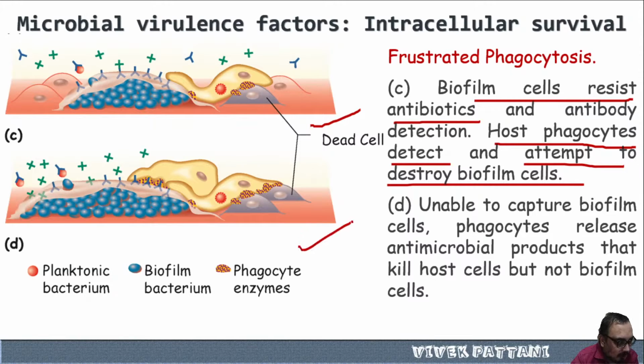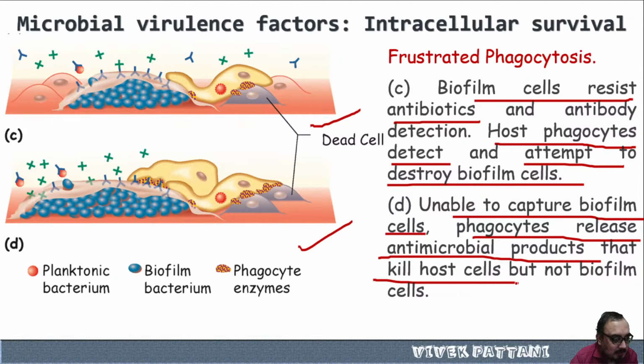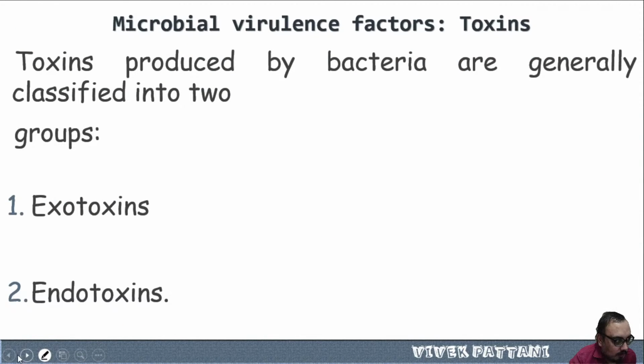In D1, unable to capture the biofilm cells, the phagocyte releases antimicrobial products that kill the host cells but not the biofilm cells. This is how pathogens evade phagocytosis.